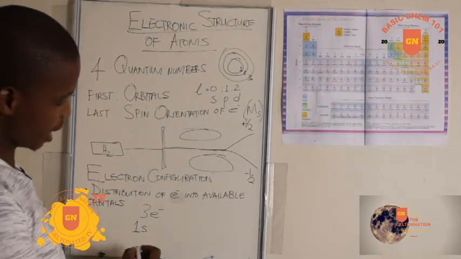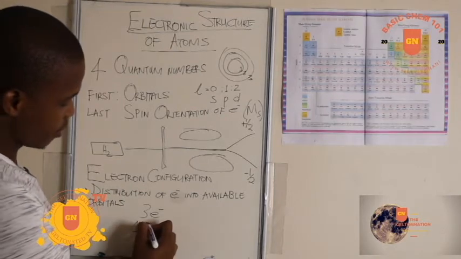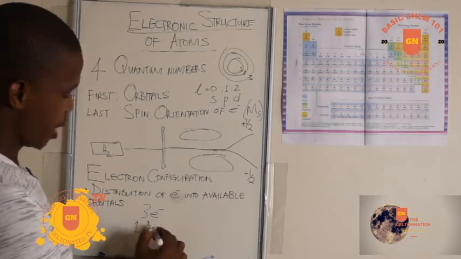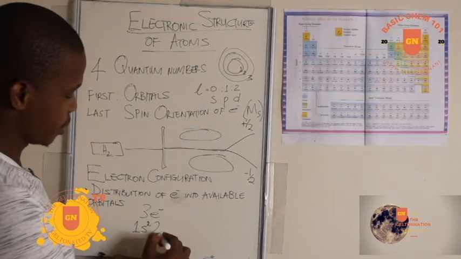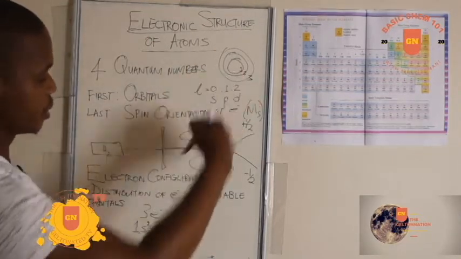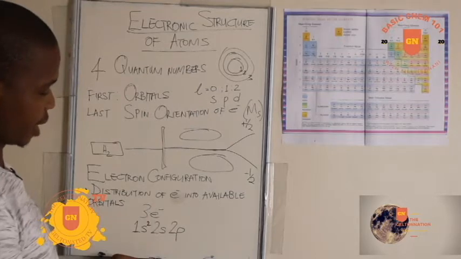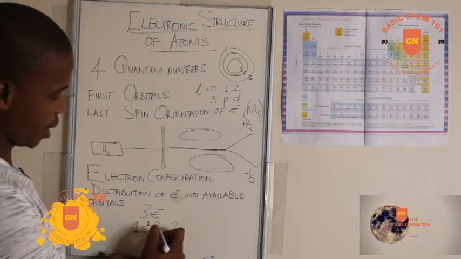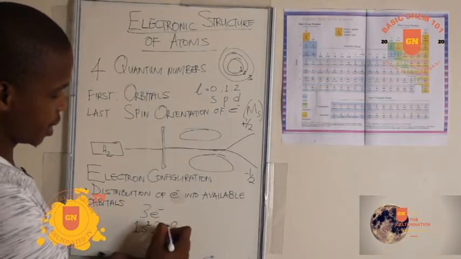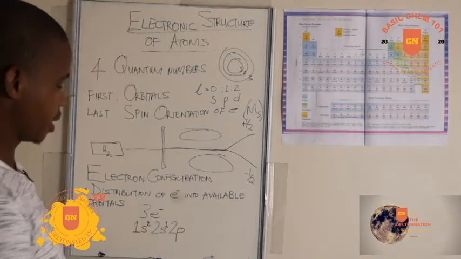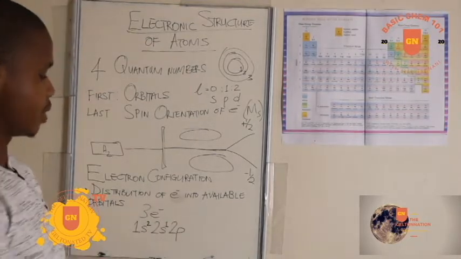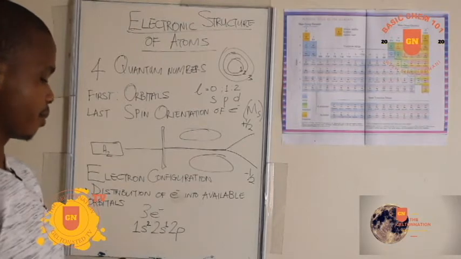So in the subshell s, you can only have 2 electrons, so 1s2. In the second shell, you have your s and your p orbital, but now you have 3 electrons, so in the second shell you will have 1 here, 2s1, for lithium.